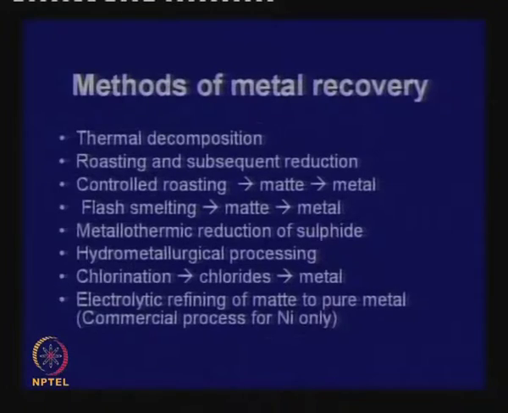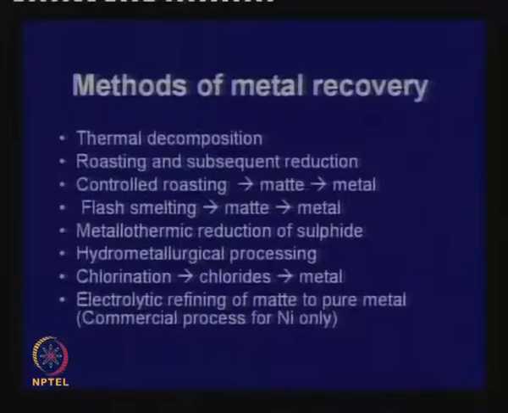And in this I must mention that in the case of copper metallurgy, we talk about a phase which does not appear in other places. It is a matte. Matte is a mixture of sulfides. In copper metallurgy, we start with a sulfide concentrate from which we remove iron, most of the iron as iron oxide, and finally, we are left with a mixture of copper sulfide and iron sulfide, that is called matte.